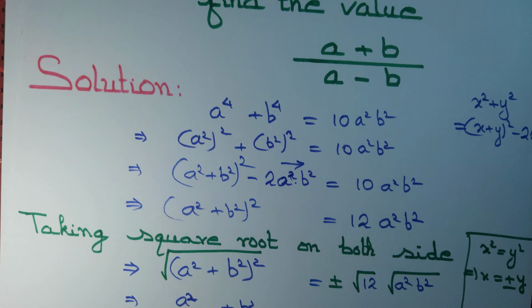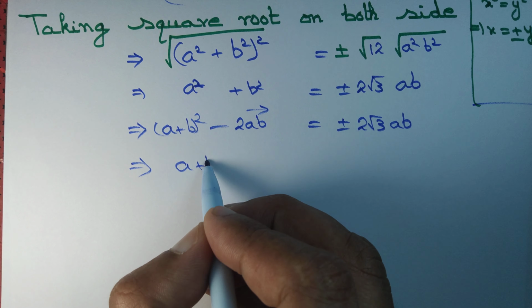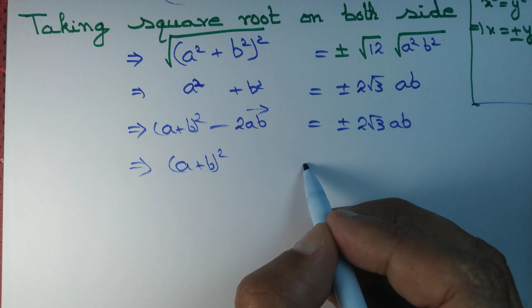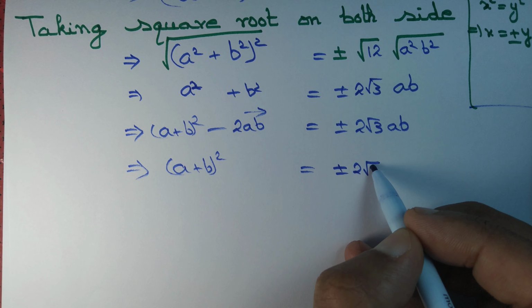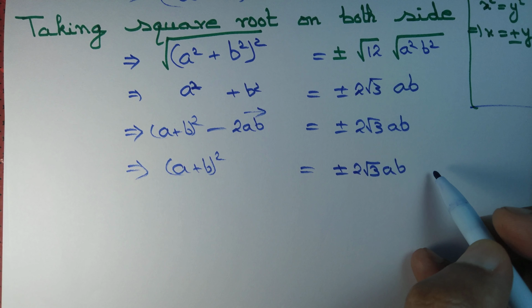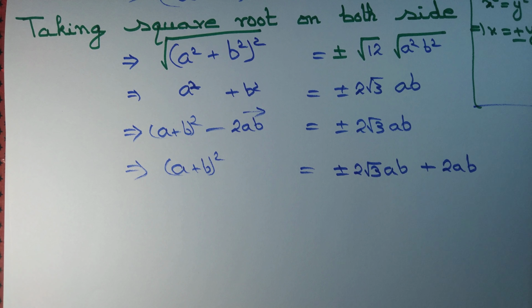Last time we have taken a square b square to the right hand side, so this time ab to the right hand side. So we obtain (a plus b) whole thing square equal to plus minus 2 root 3 times ab plus 2ab. Side change, sign change.